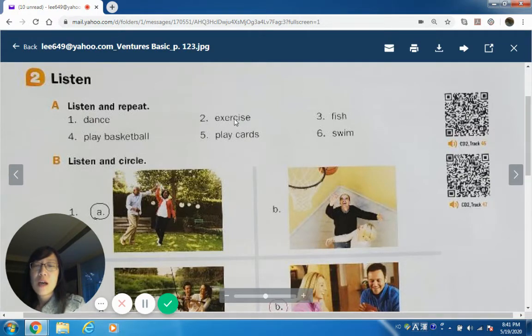C is going to have a soft C sound, which is S, whenever it's followed by letter I like this, or letter E. So that's why this is pronounced as dance.